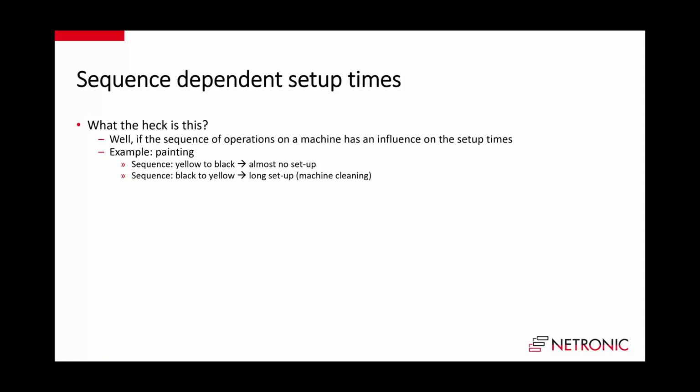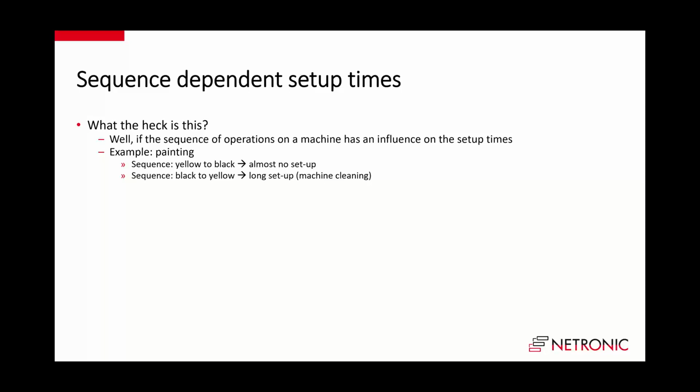Well, it's pretty easy. You can have cases where the sequence of operations on a machine has an influence on the setup times. The obvious example is painting. If your sequence is yellow operation first and then black afterwards, then there will be almost no setup time.